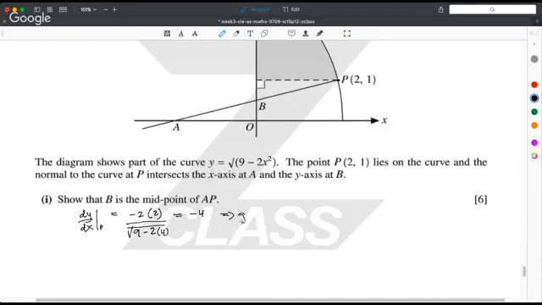So that means the gradient of AP is therefore equal to 1/4.